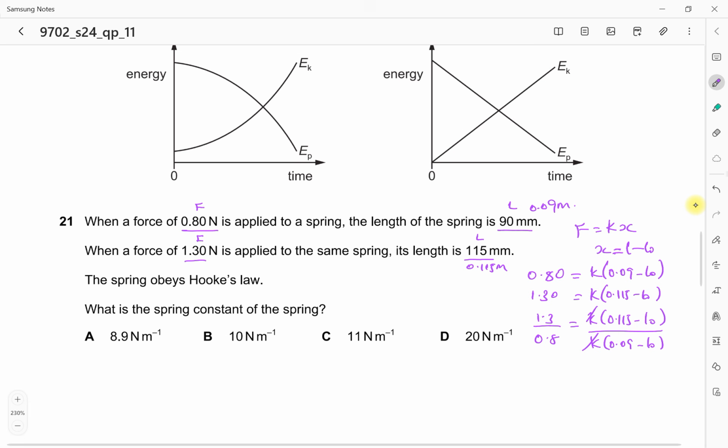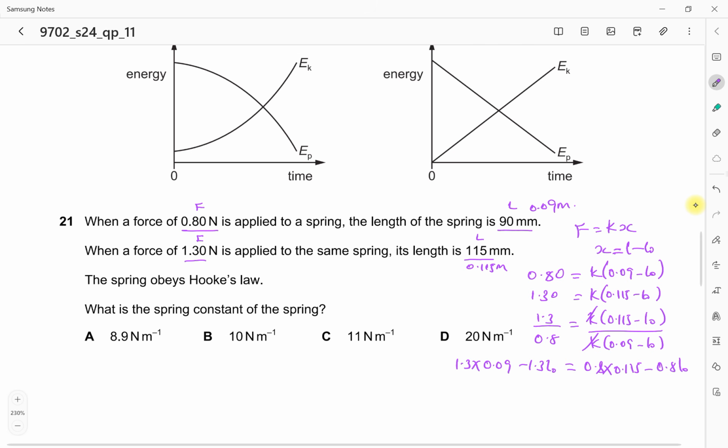Cross multiplying, I have 1.3 times 0.09 minus 1.3 L naught equals 0.8 times 0.115 minus 0.8 L naught.